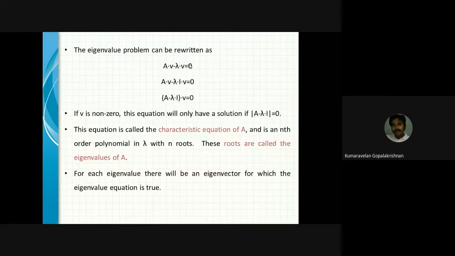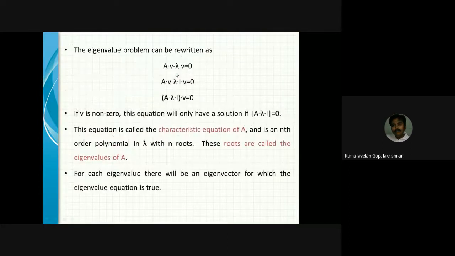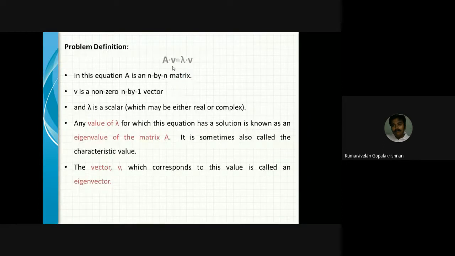Okay, fine. Now the same given problem, A dot V equals lambda dot V, I am going to rewrite in some way for simplicity. See here, I have moved the right-hand side to the left-hand side. That is a simple thing I have done. I have not done any complex mathematical operation, right?